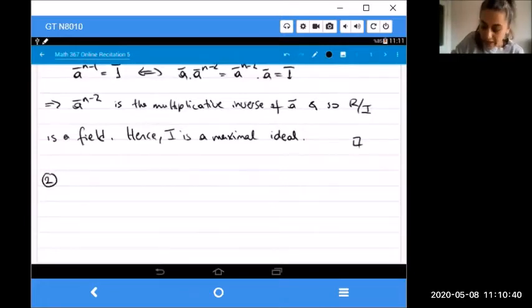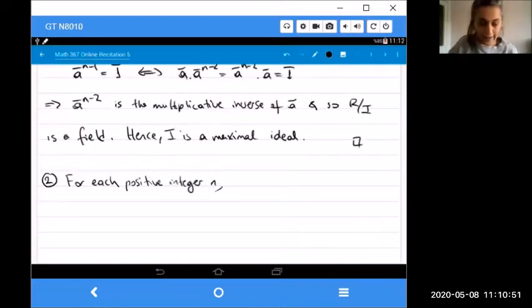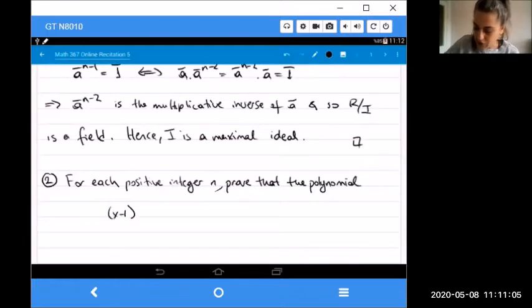For each positive integer n, prove that the polynomial, this is a very special polynomial, x minus 1, x minus 2, and we can define it for every n, x minus n, minus 1. This polynomial is irreducible over Z.